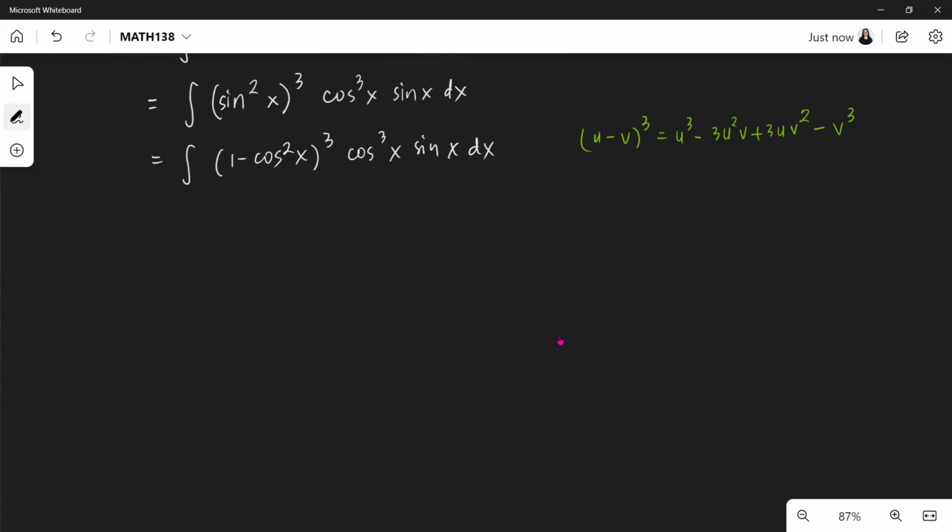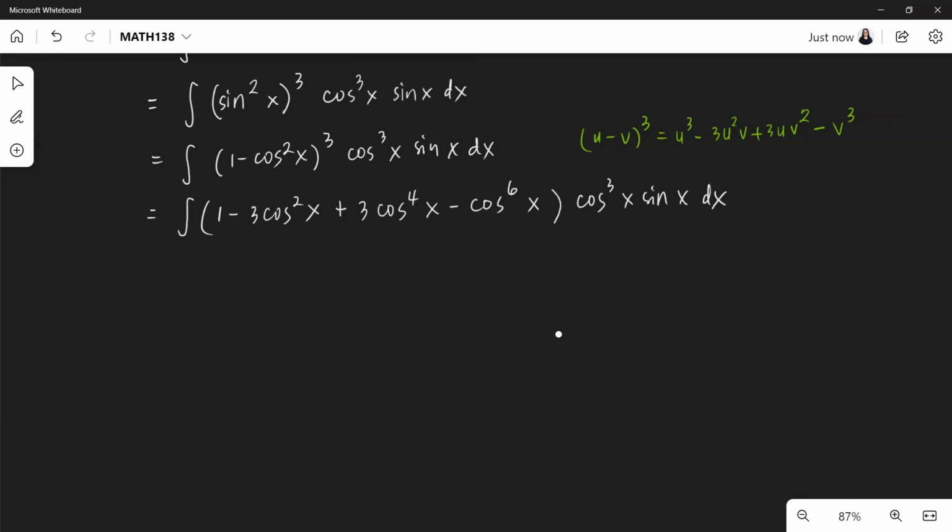Applying that to the given integrand, we have 1 cubed, which is 1, minus 3 cosine squared x, plus 3 times 1 times the square of cosine squared x, so 3 cosine to the power of 4 x, then minus the cube of cosine squared x, meaning cosine raised to the power of 6, and then cosine cubed x sine x dx.